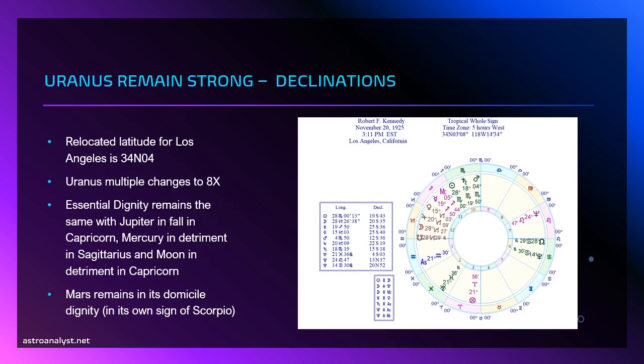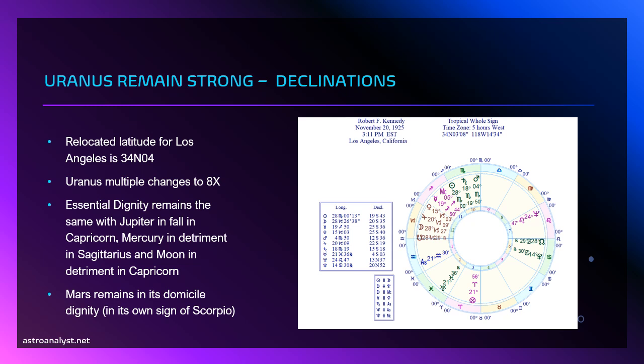So now what happens when we move to Los Angeles? This is where he was assassinated, on April 4th, April 5th, 1968. We'll see that on the next chart. The relocated latitude now is 34 north 3 or 4 minutes, and the Uranus multiple changes to 8 times.